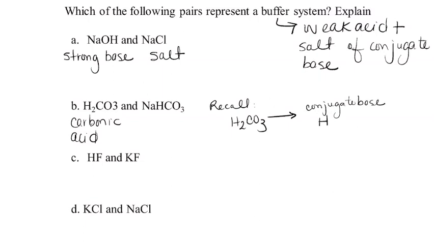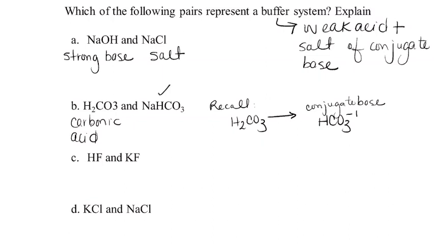So this is going to become HCO3 -1. Then, in order for us to have the salt of the conjugate base, we're going to pair this HCO3 with, again, one of those elements from group 1A. So this is the salt of the conjugate base.